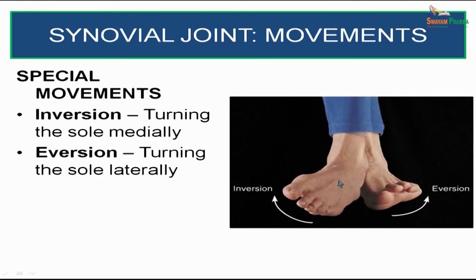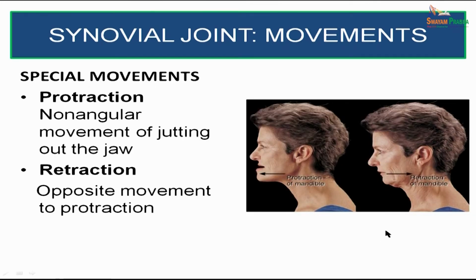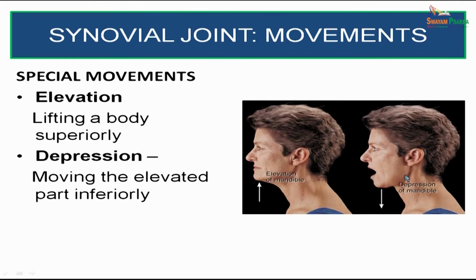Then we have the movement inversion and the movement eversion. In inversion, the sole of the foot faces medially. In eversion, the sole of the foot faces laterally. We have some movements of the jaw called protraction, in which the jaw moves outwards and forwards, and retraction when the jaw moves backwards.